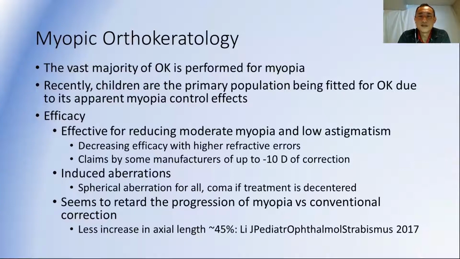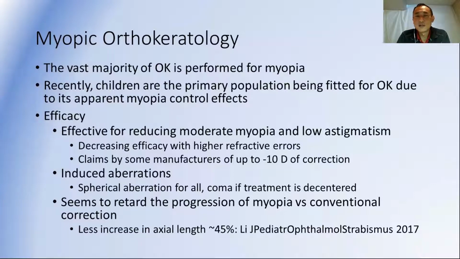becomes much less predictable. You can use it for people who have more than 6 diopters of myopia, but that would be considered an off-label use of the lenses and the procedure. In the US, even if something is not FDA approved for a certain purpose, the doctor can use the lenses for that purpose if they feel that in their clinical judgment it would be of benefit to the patient.